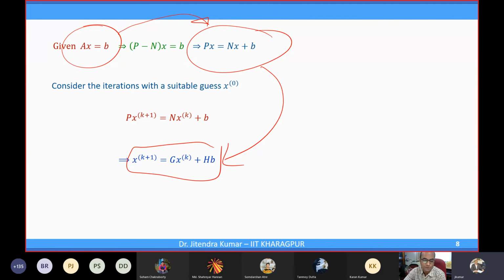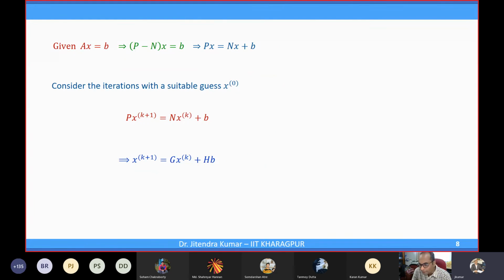Can you guess here what is most important in this iterative method? What could actually be crucial for the convergence we were talking about, for the speed we were talking about? Because see, the b is given, x we want to get. So what is important here?